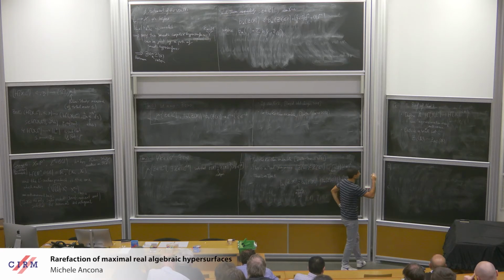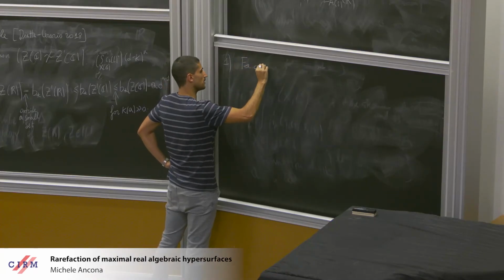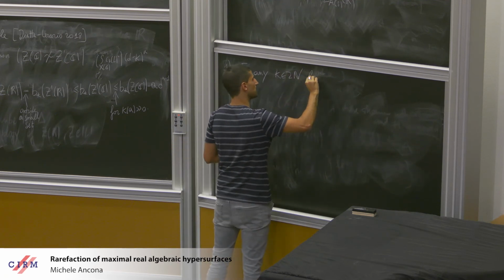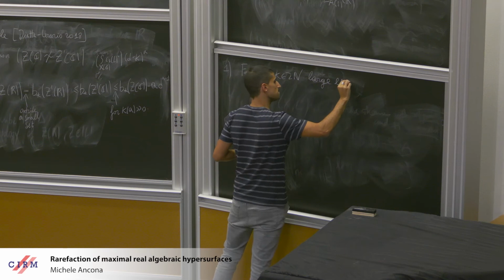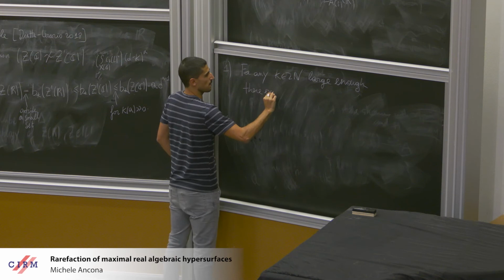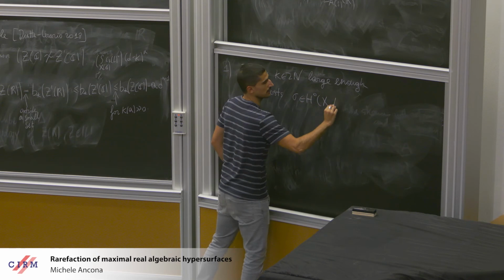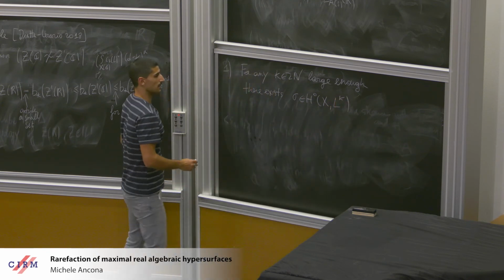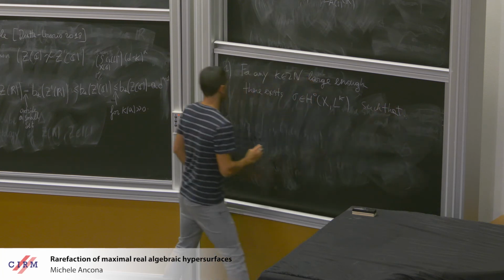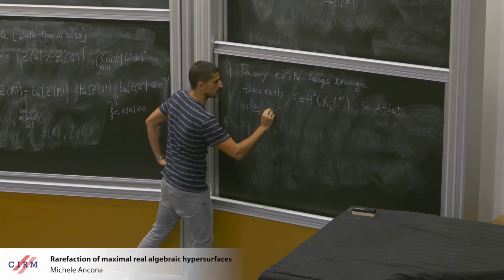So the first step is the following. Let's say for any even k, large enough actually, there exists a real global section of degree k such that the zero locus is smooth.